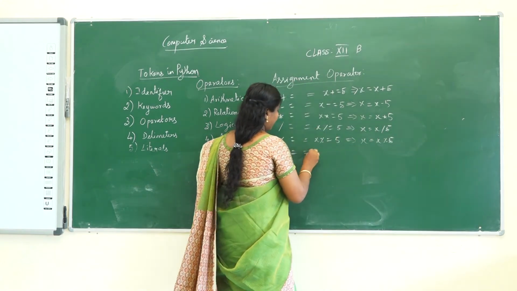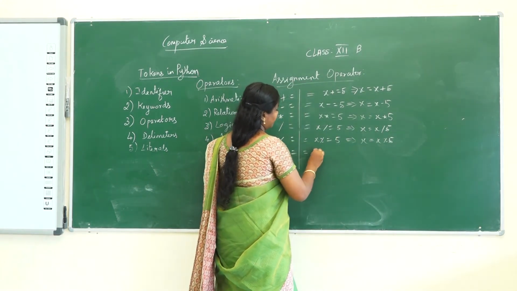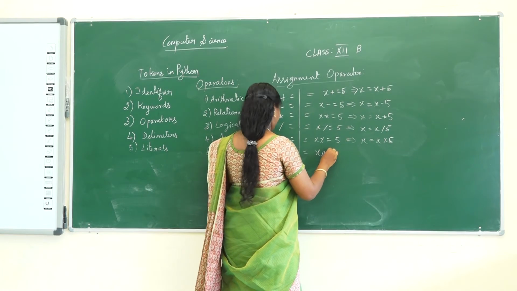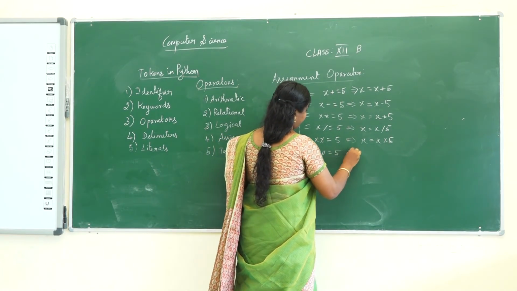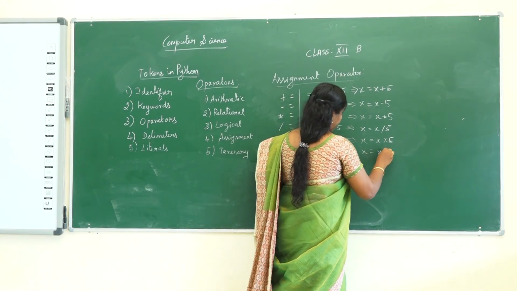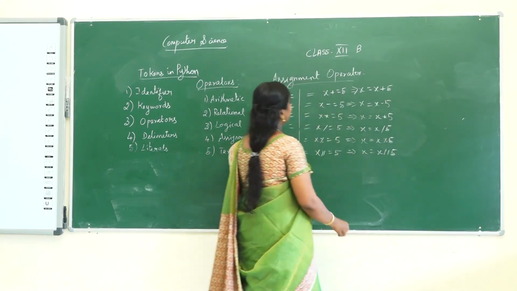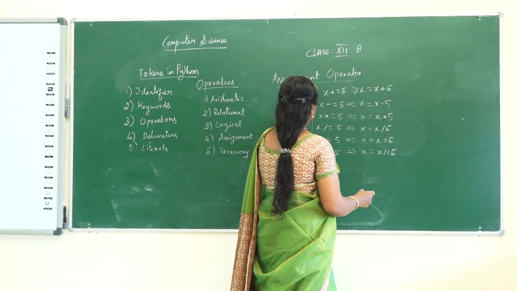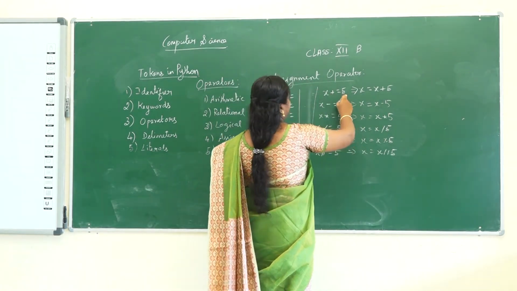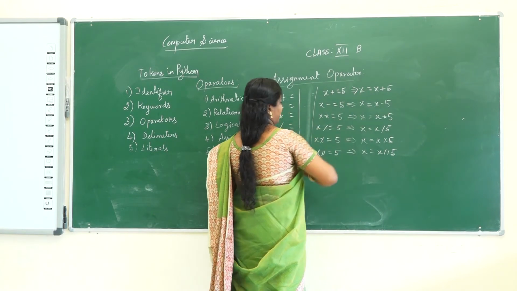The last one is floor division: x double slash equal to 5 implies x is equal to x double slash 5. So these are the operators. If you have x plus equal to 5, it implies x is equal to x plus 5.